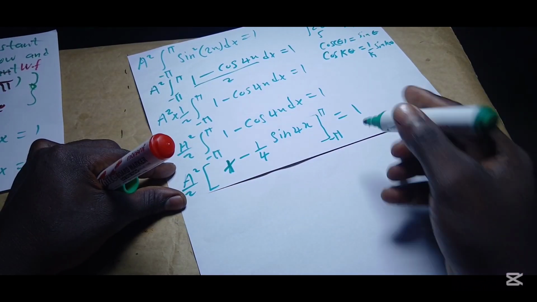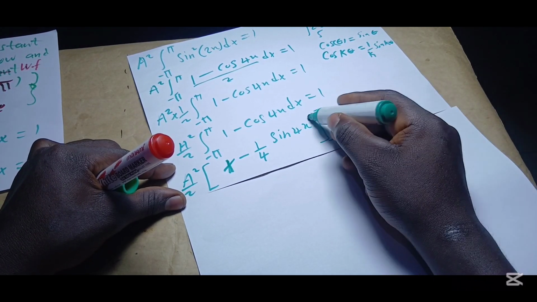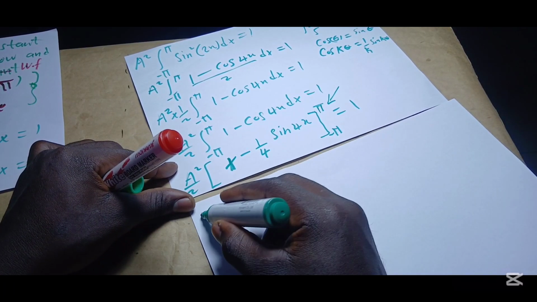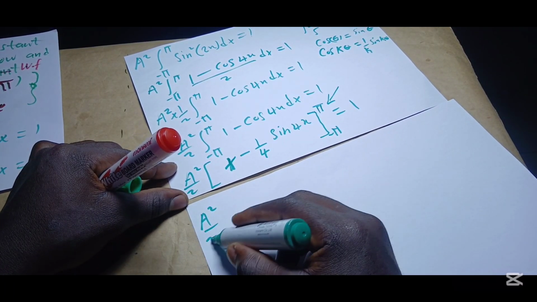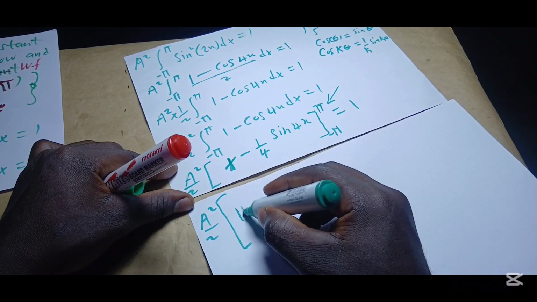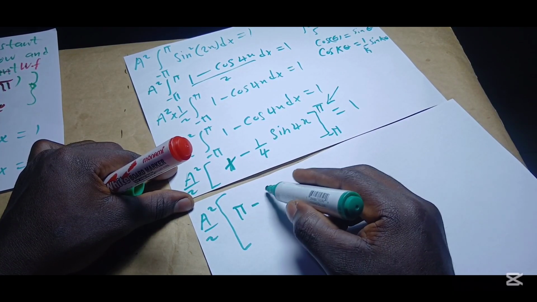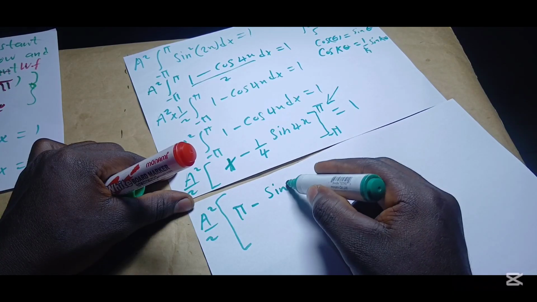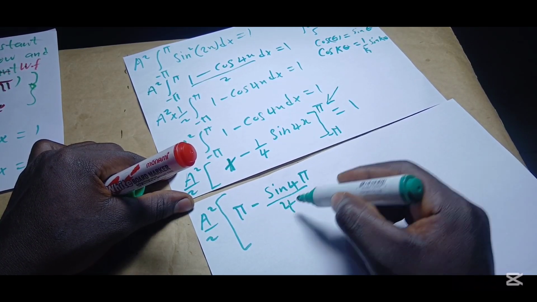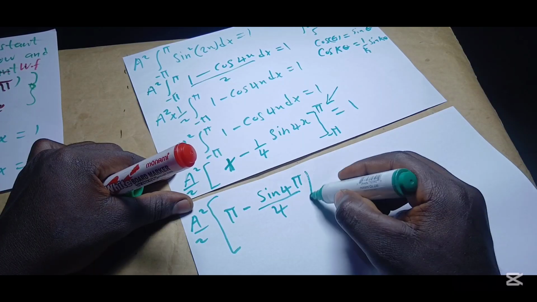So now we are going to put in our limit of integration, starting with the upper limit, which is positive pi. So A squared over 2, wherever we see x, we put in pi there. Pi minus sine 4x, which is sine 4 pi, and you can divide this whole thing by 4 into bracket.